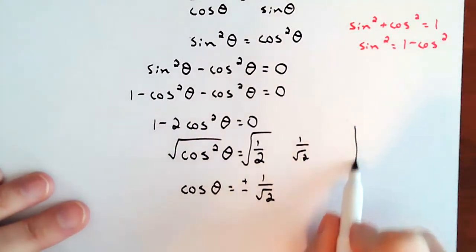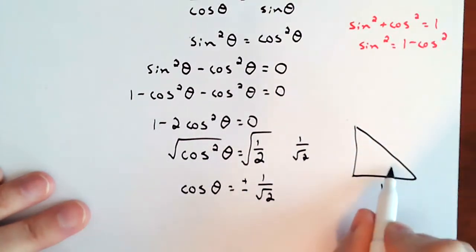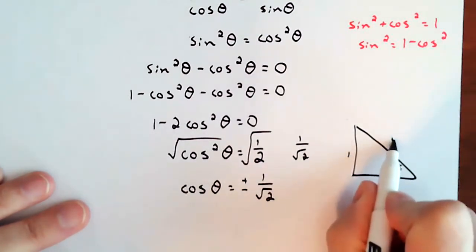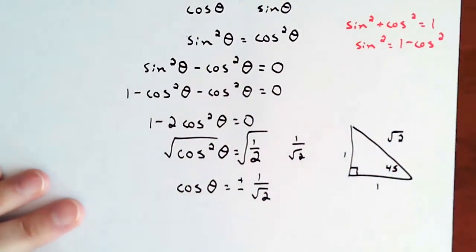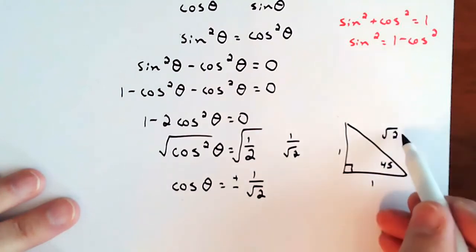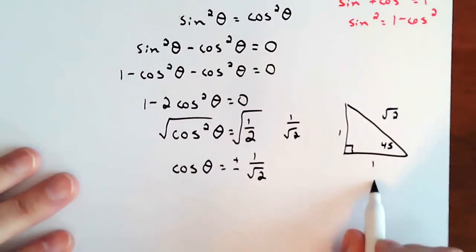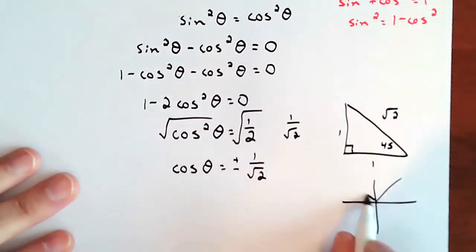And that comes from a 45, 45, 90 special triangle that I'm going to be pulling that information from. So cosine of 45 is 1 over root 2. So that's where I get my 1 over root 2. And I would be looking at all the quadrants. So my reference angle is 45, but I would be looking at every single 45 in every single quadrant.